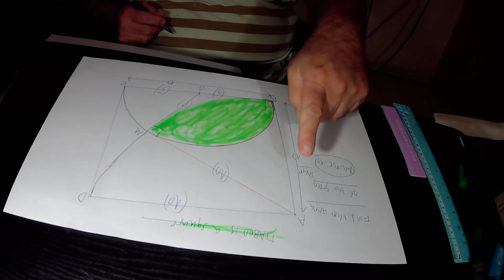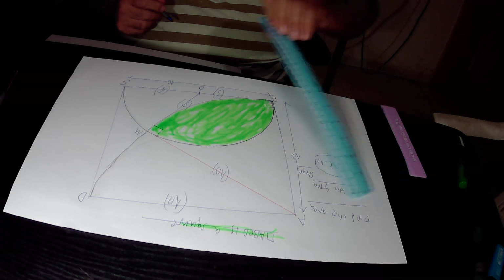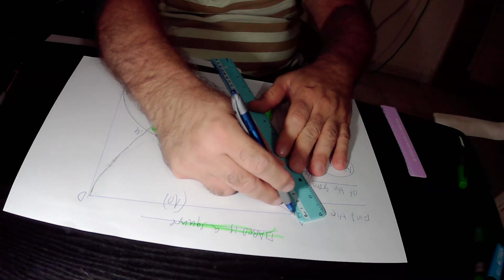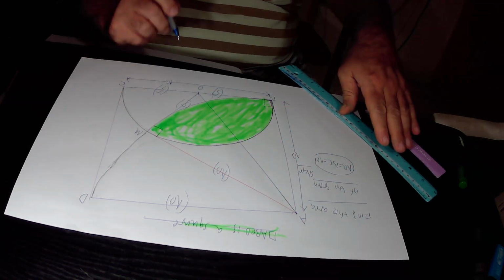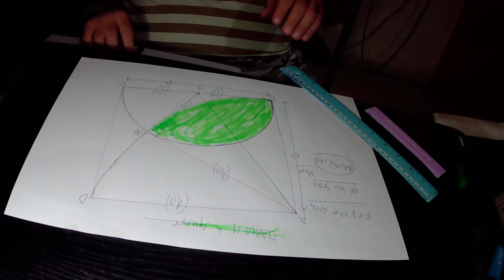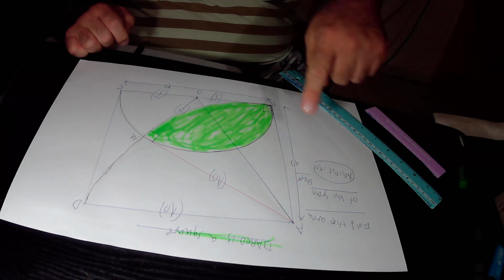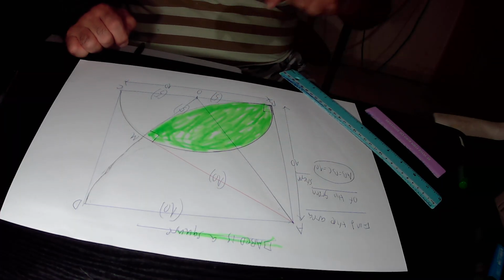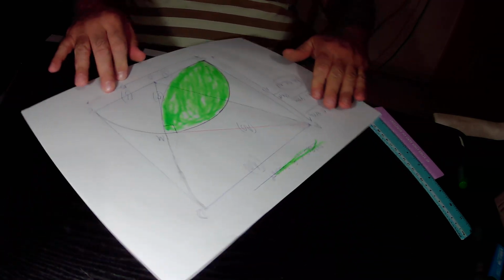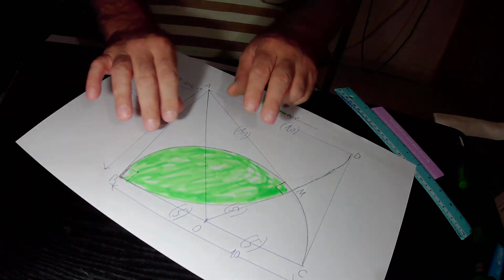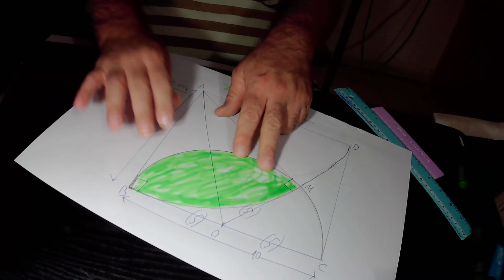So in the next step, we'll join points A and O together by a straight line. By joining points A and O, we get two right triangles. This is the right triangle AMO, and this is the right triangle ABO. In the next step, we'll prove that those two right triangles are congruent according to the side rule.